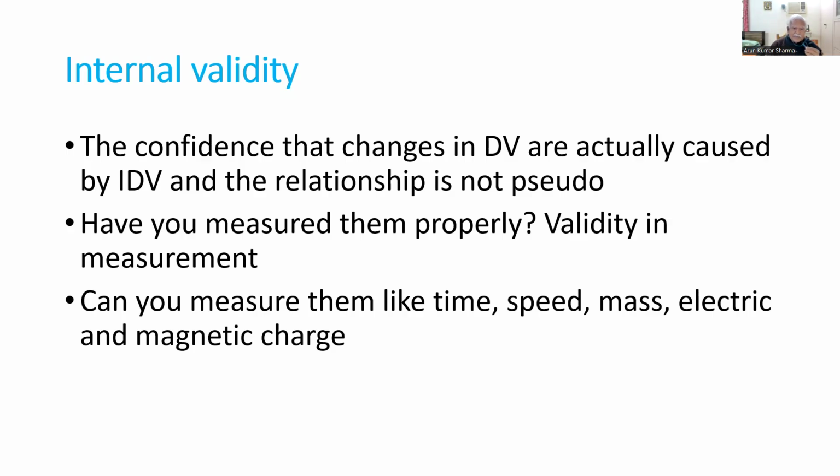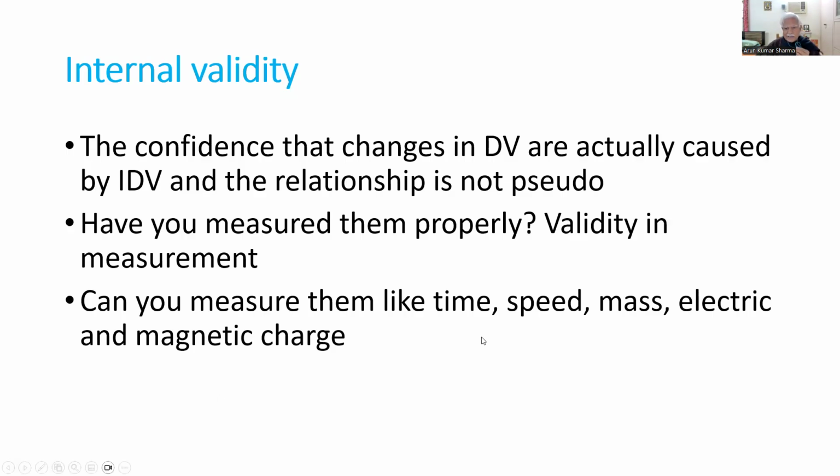Internal validity also depends on how accurate, how unbiased, or how noise free your measurements are. What is the validity of your measurements? There are several ways in psychometry to determine validity and reliability of measurements, and you can look into that.